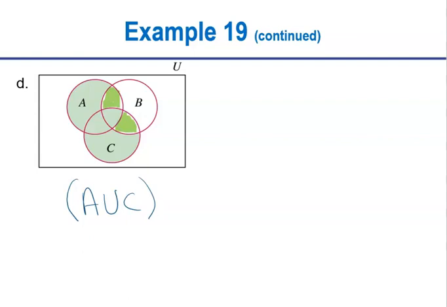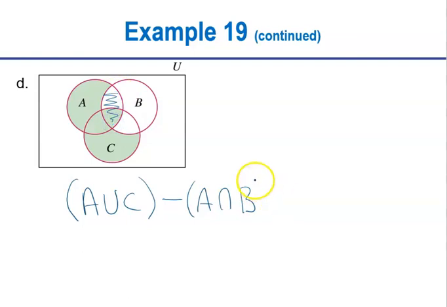So I'm going to use the difference of sets and I'm going to subtract out, and remove A intersection B, which is this part right here.